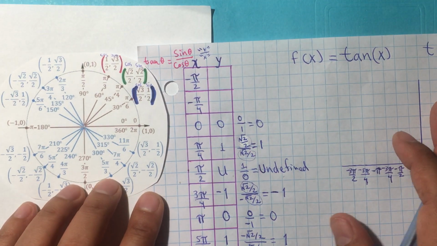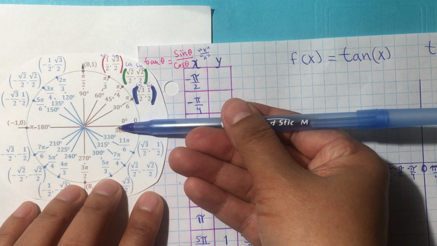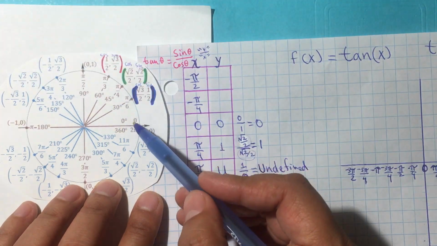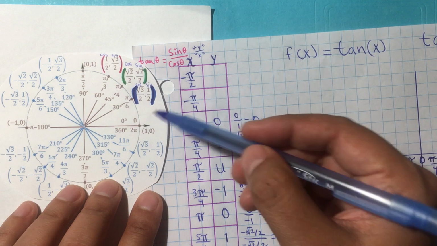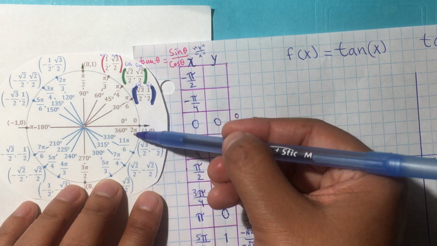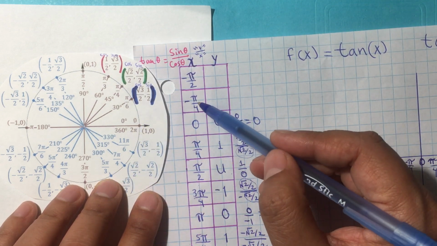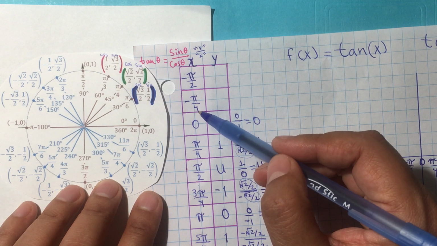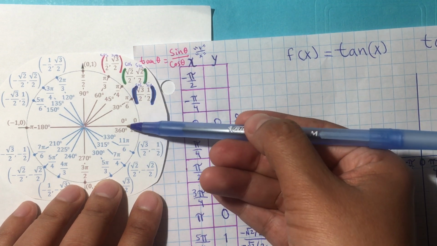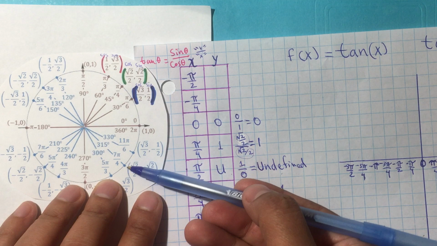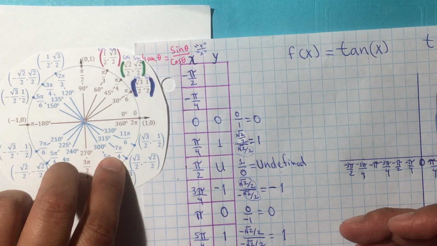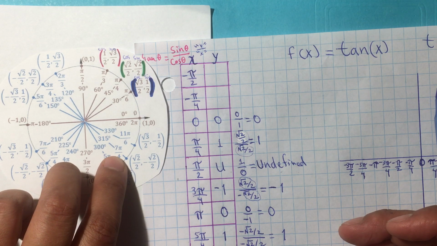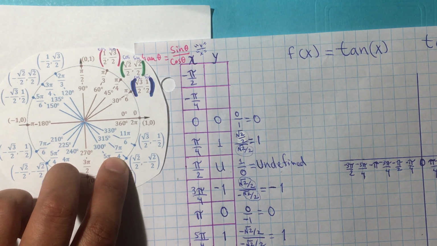Whenever you have negative values, it's like starting here. The positive values, you go counterclockwise. For the negative values, it's like going backwards, right? So if we have -1/4 of pi, it's like saying, go back 1/4. This is the same as -1/4 of pi, or pi divided by 4.